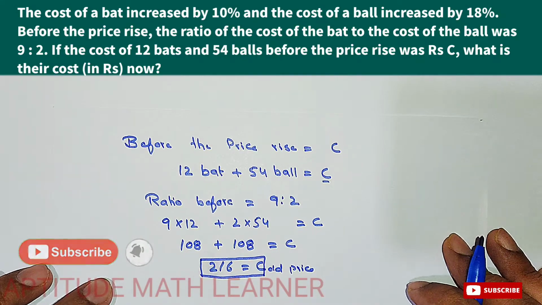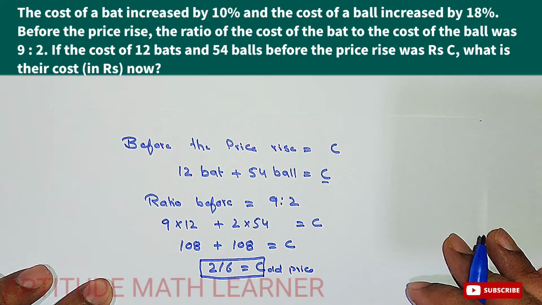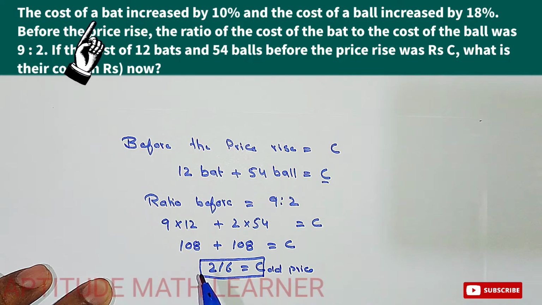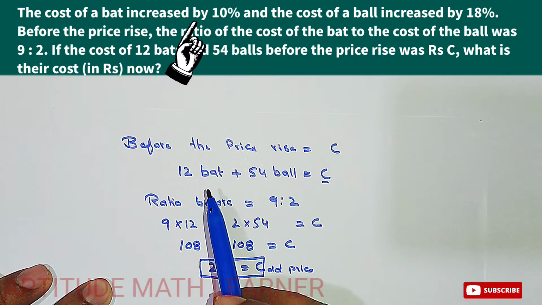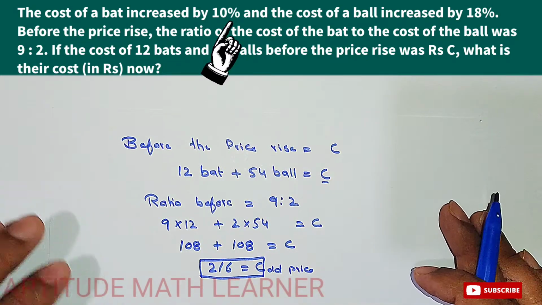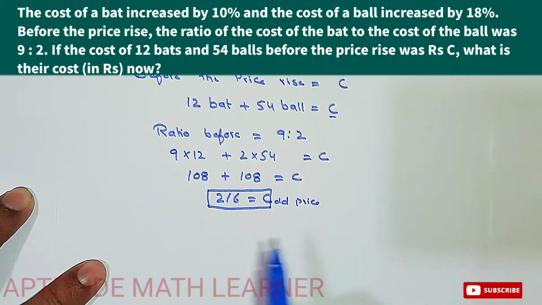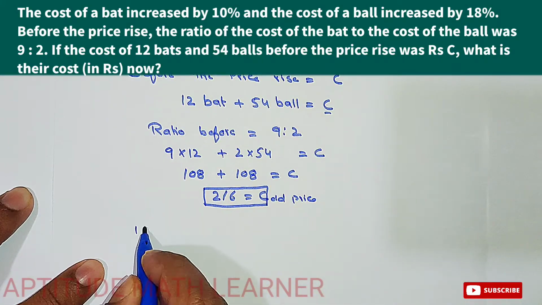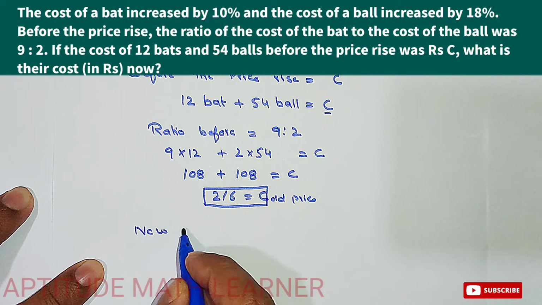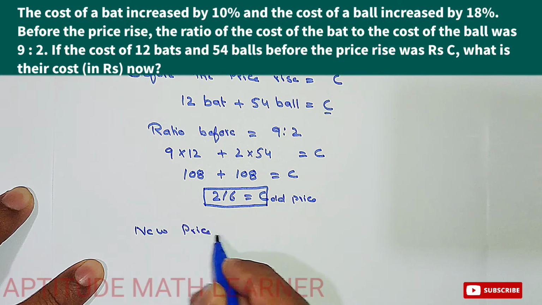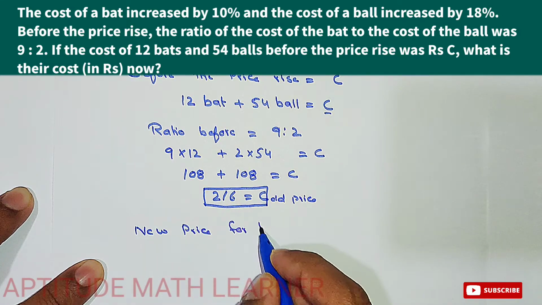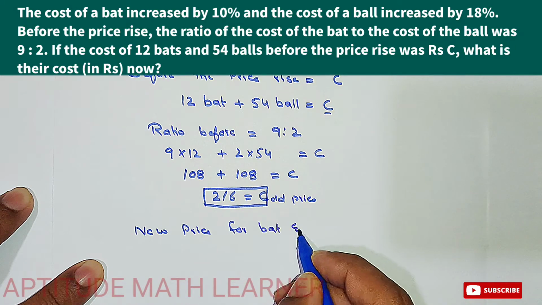Now according to the question, the price of a bat is increased by 10%. So therefore we get the new price for bat and ball.